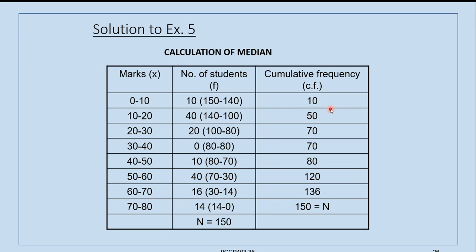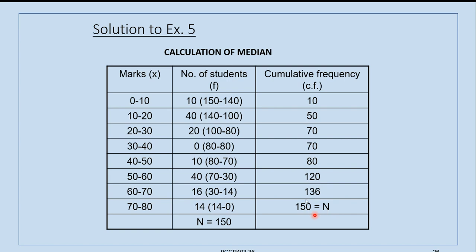Now we will take the cumulative frequency like this: 10, 40 plus 10, 20 plus 50, 0 plus 70, 10 plus 70, 40 plus 80, 16 plus 120, and 14 plus 136.